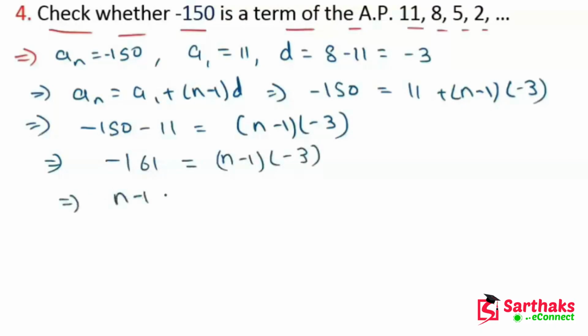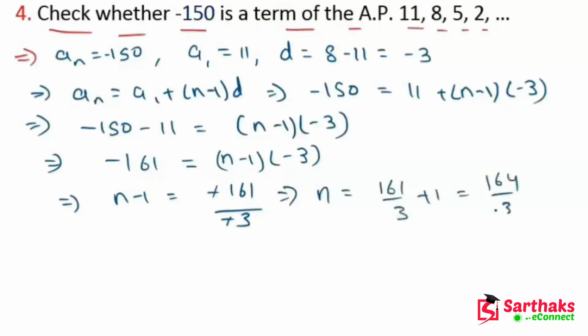Now n minus 1 is equal to minus 161 divided by minus 3, and minus minus cancel. Now we shift 1, then we have 161 upon 3 plus 1, we get 164 upon 3.